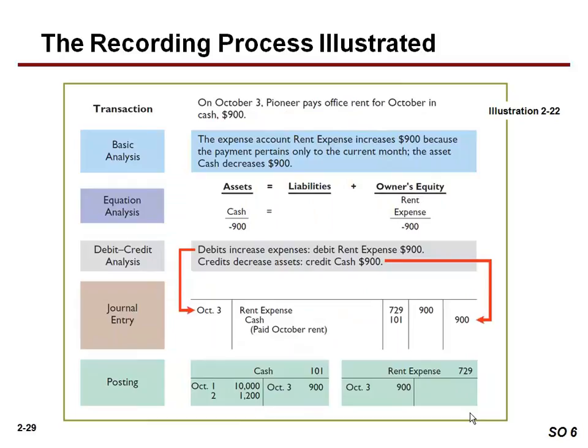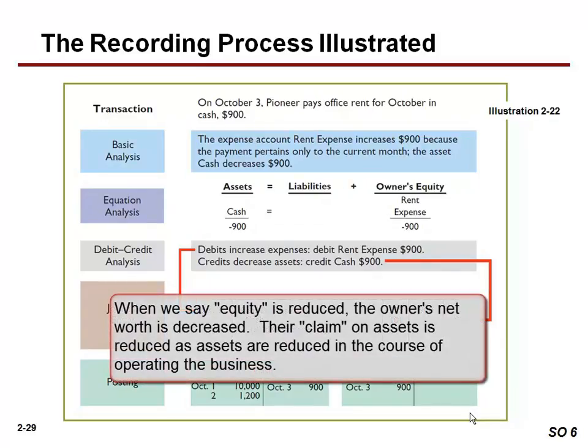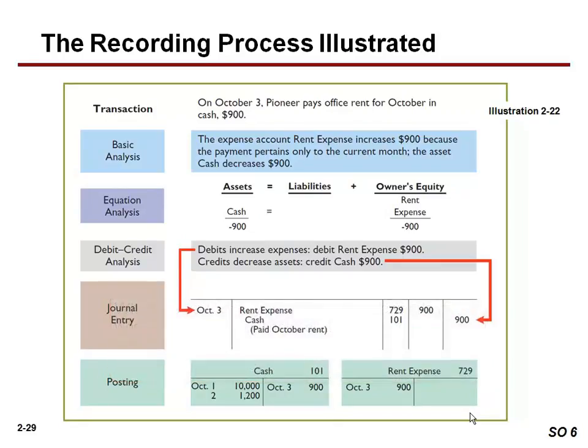In this transaction, the company Pioneer pays office rent. This is a cash expenditure, a cash expense. We want to reduce cash and also reduce the owner's equity by $900. And so our journal entry is to debit the rent expense account.